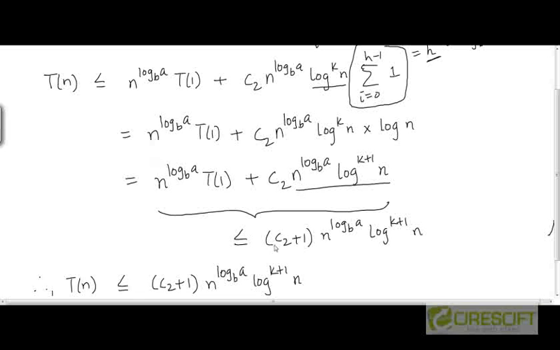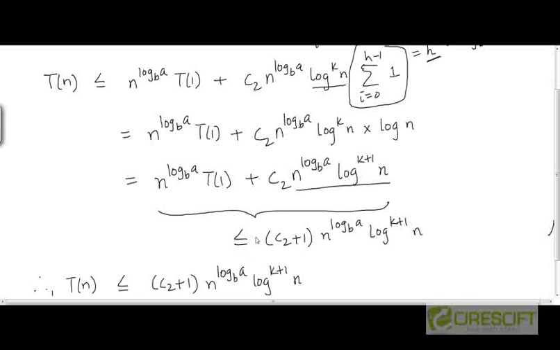Right, this was a standard technique that we used earlier in the videos on asymptotic complexity to prove that some function is in big O or theta of some function f of n. So that's what we are doing here.